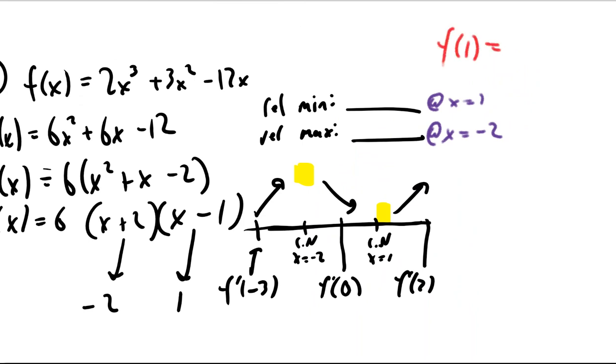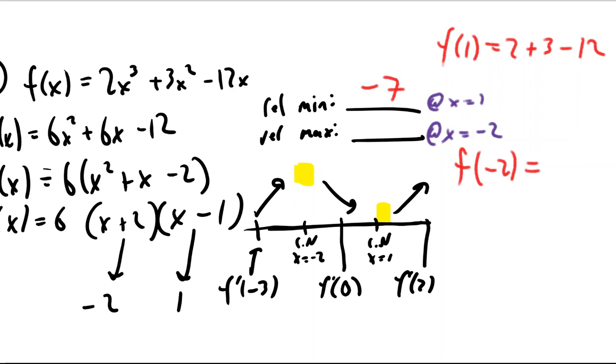So f of 1 would be 2 plus 3 minus 12. So -7. And the relative max would be when you plug in -2 into the function.